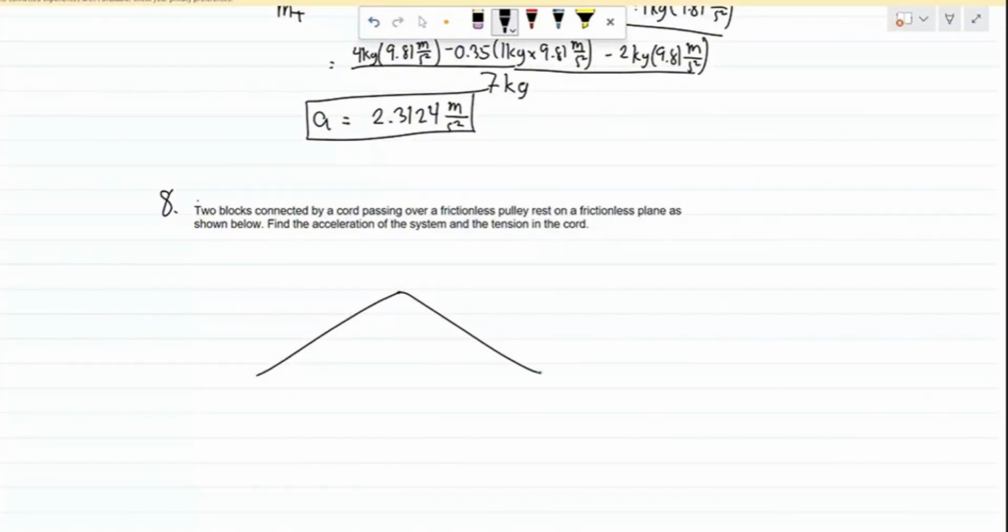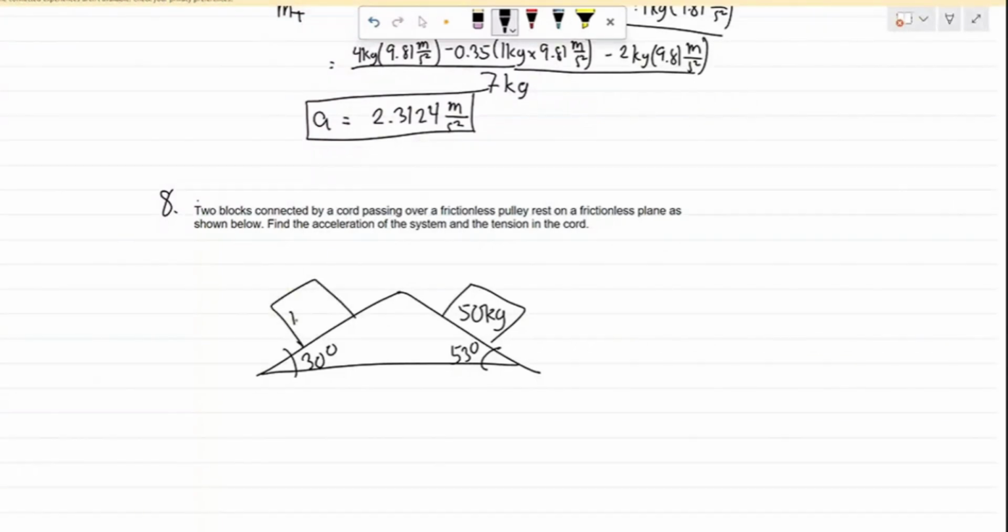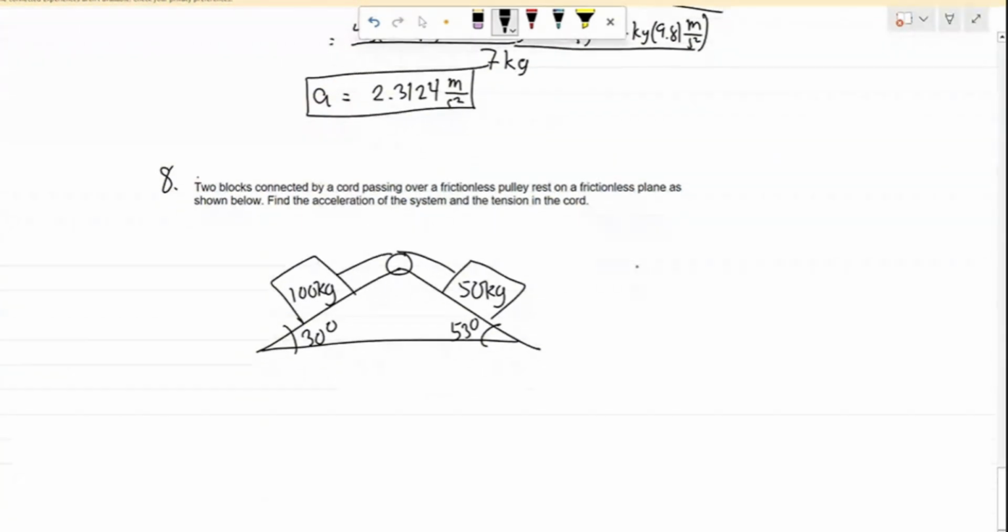Okay, so ito po yung ating pinaka-surface. Meron daw po tayong 30 degrees on this side and we have here 53 degrees on this side. So dito po sa right side natin, we have 50 kilogram object and we have here on the left side, we have here 100 kilograms object connected passing through a frictionless pulley. Okay, so ngayon guys, sabi dito, find the acceleration of the system and the tension in the cord.